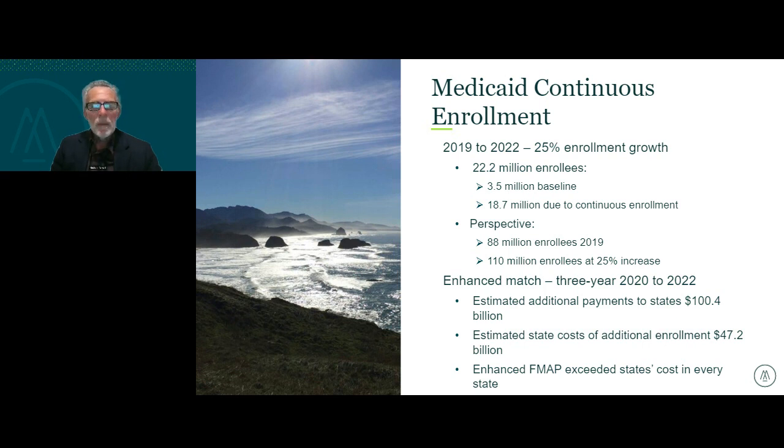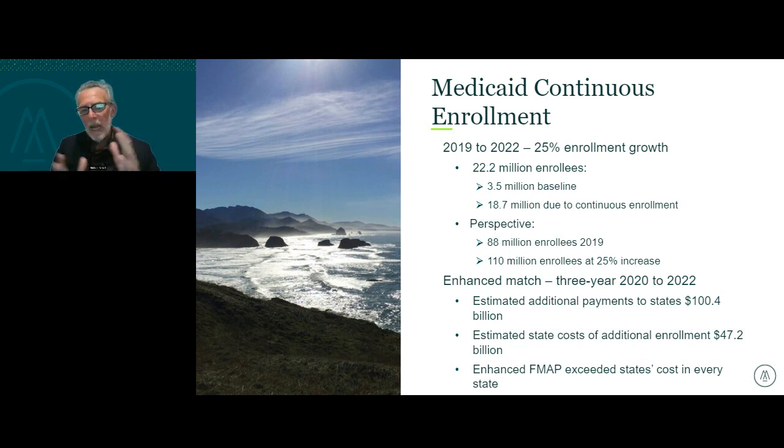And then in terms of the money, the study indicated that the estimated cost to the states of covering these additional people was about $47.2 billion from 2020 to 2022. But the additional federal money received by the states was over $100 billion.